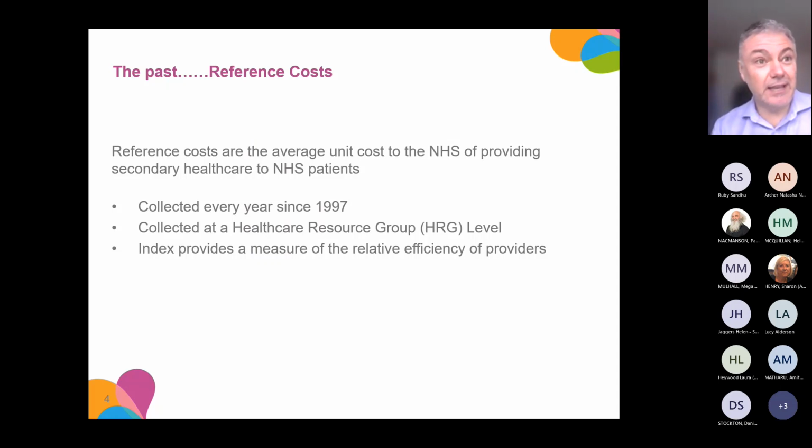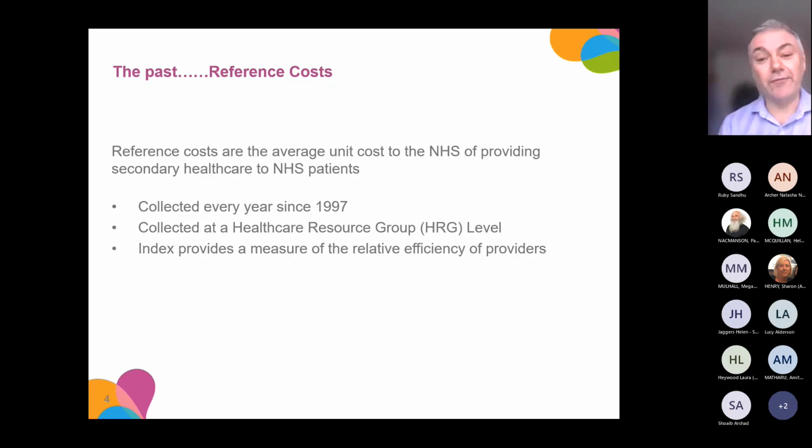The last index that we got was 97, which basically means that our costs are about 3% lower than the national average in Nottingham University Hospitals. If you get an index of 110, obviously you're 10% higher than the national average.